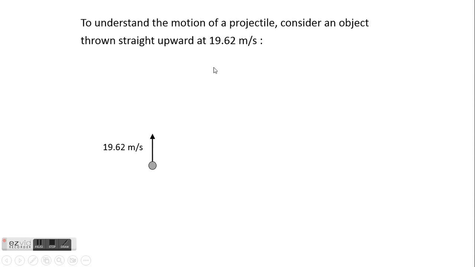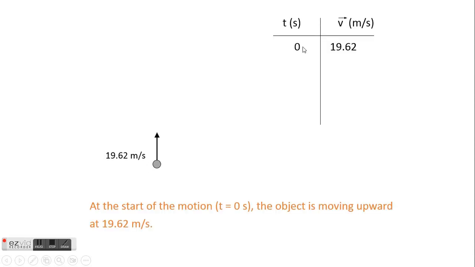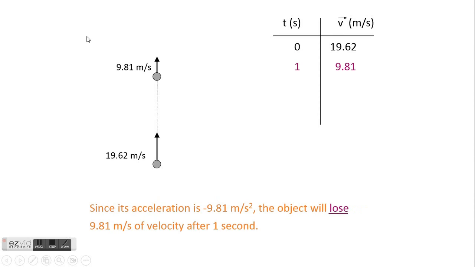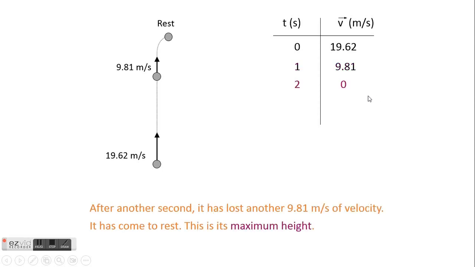If we imagine an object thrown straight upwards at 19.62 meters per second, we are really good and can just nail that velocity. Initially, at time 0, that's our speed. One second later, because it's accelerating downwards at 9.81 meters per second squared, its speed has been cut in half.